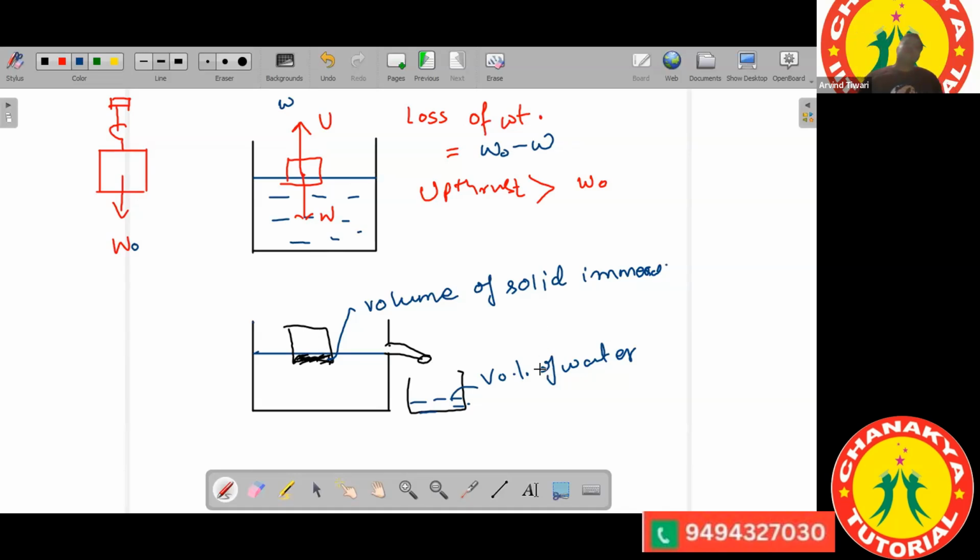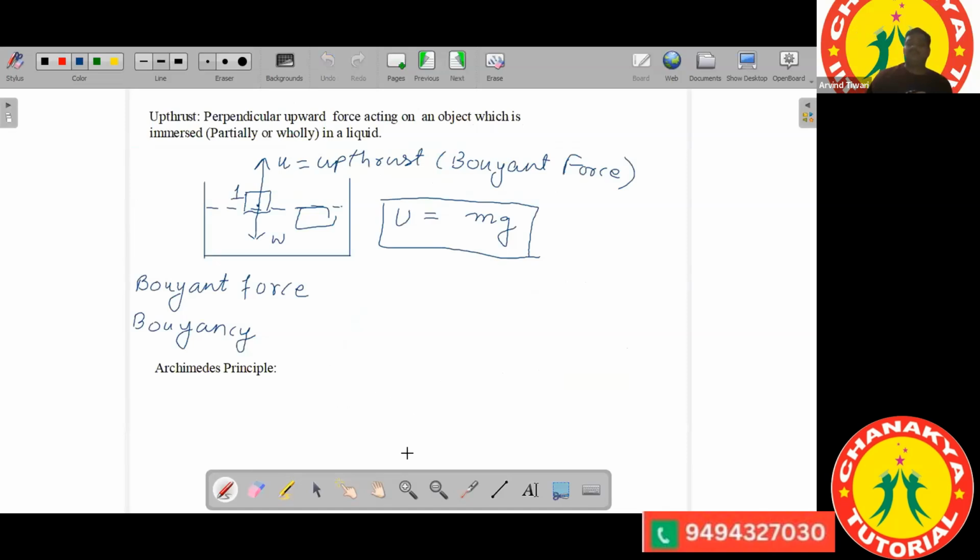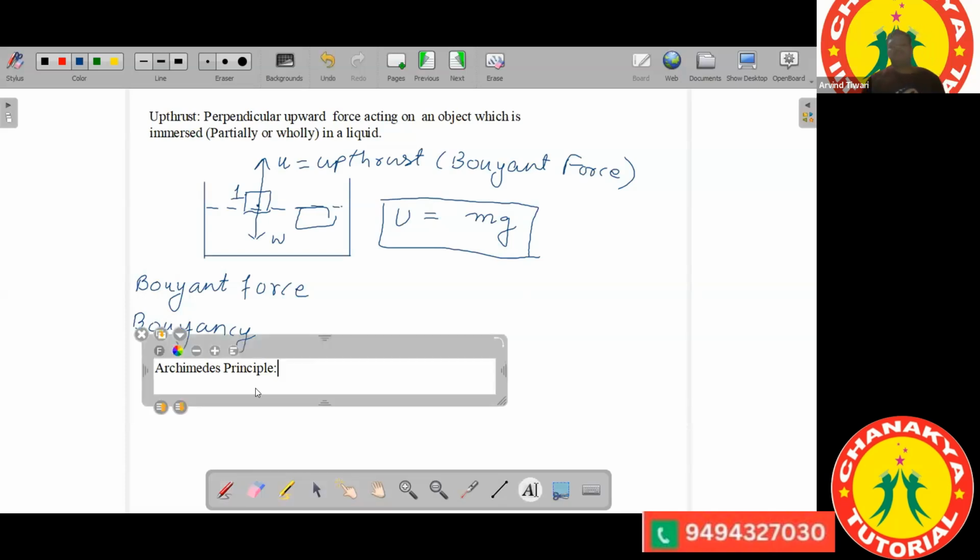Now, as per the Archimedes principle, I told you that in the next class we will be discussing the Archimedes principle, right? So we had to state here the Archimedes principle.